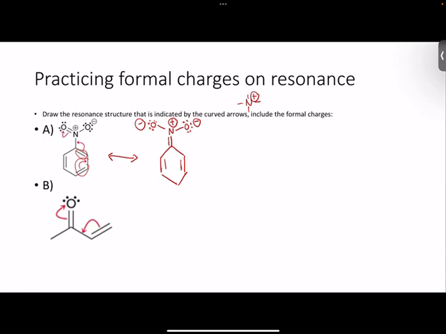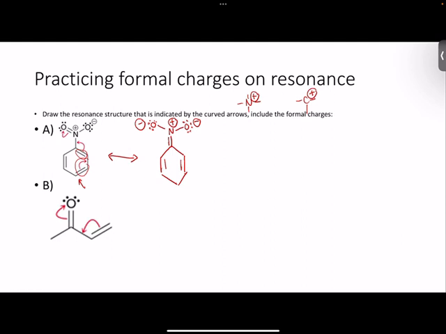So then we have this one down here, this one down here, this one's good. And let's not forget about this carbon down here. So then remember, a carbon with no lone pairs is gonna be positive.